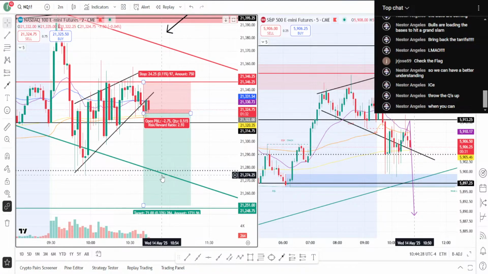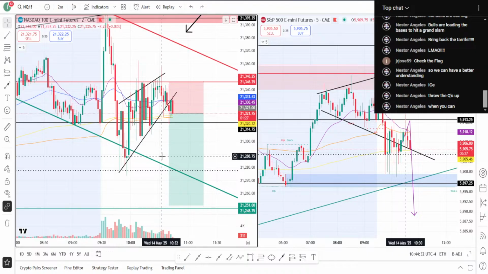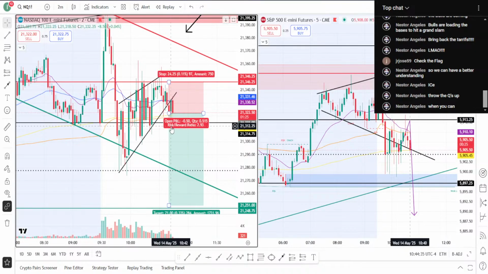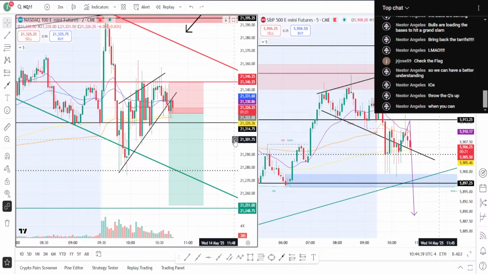So far it's looking good. We just need to get it close below this, lower the range. We get that close below the low of the range, it's gonna melt. It's gonna melt.